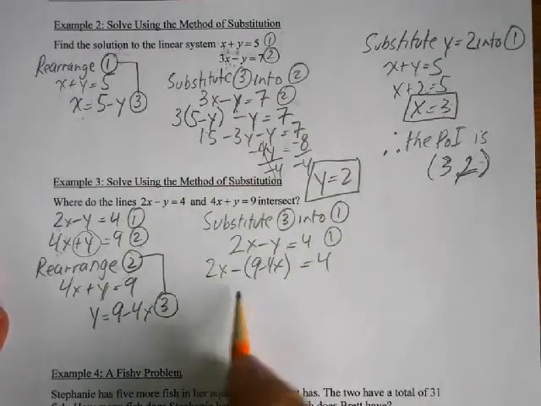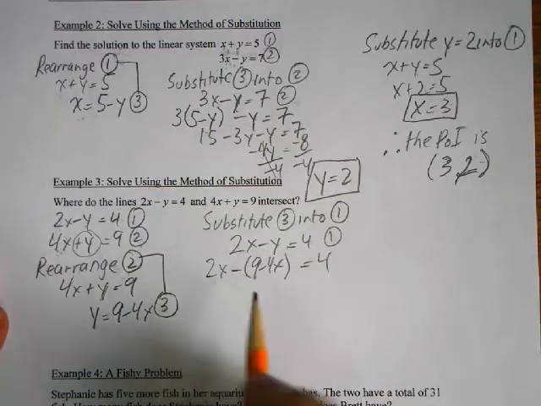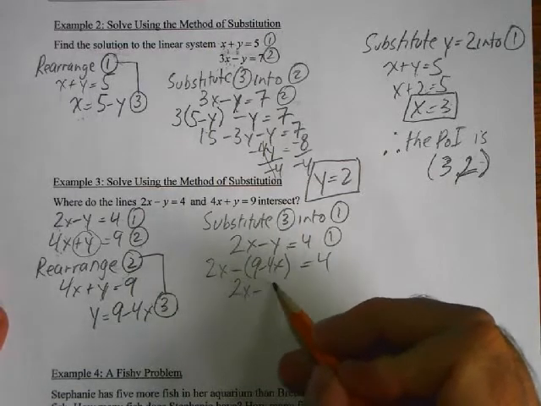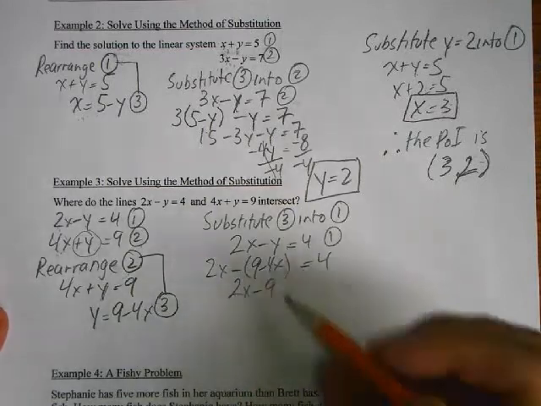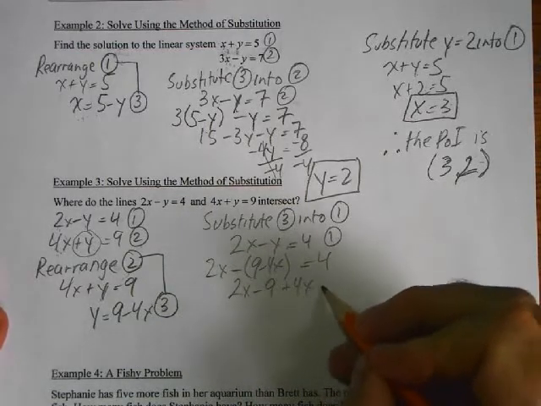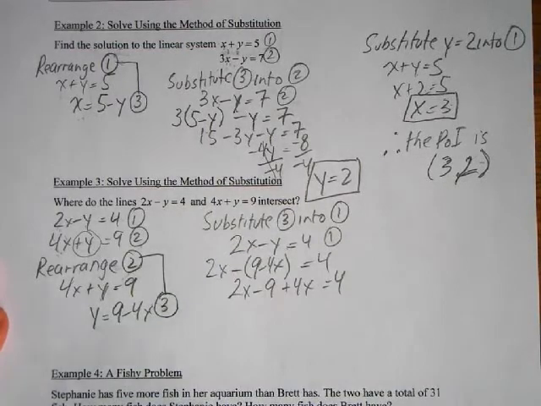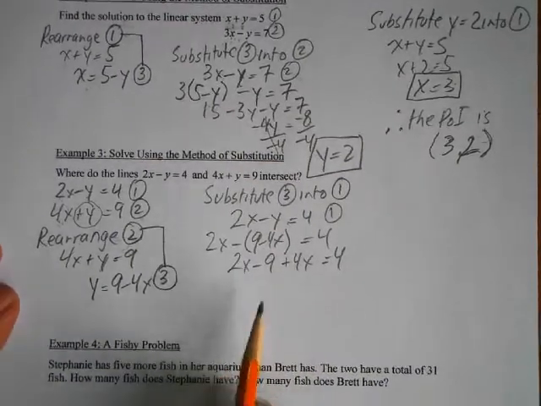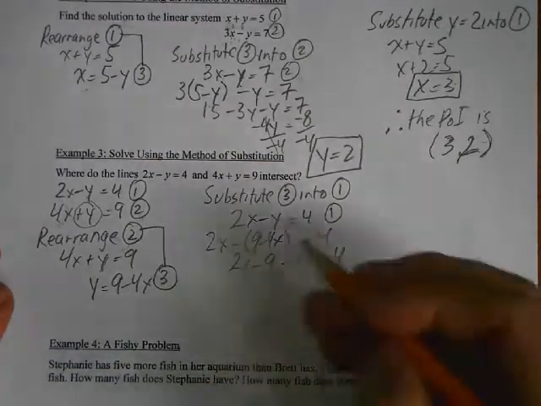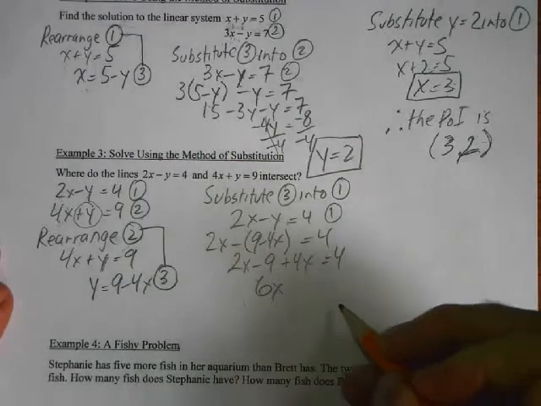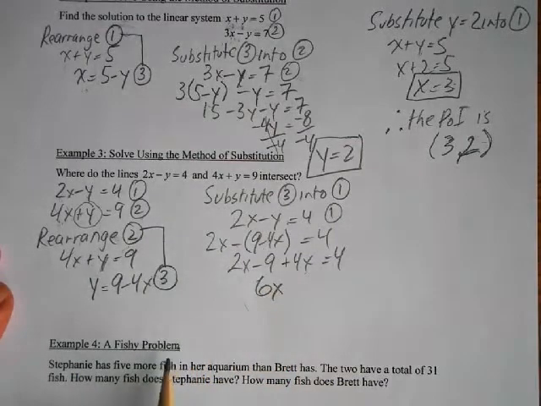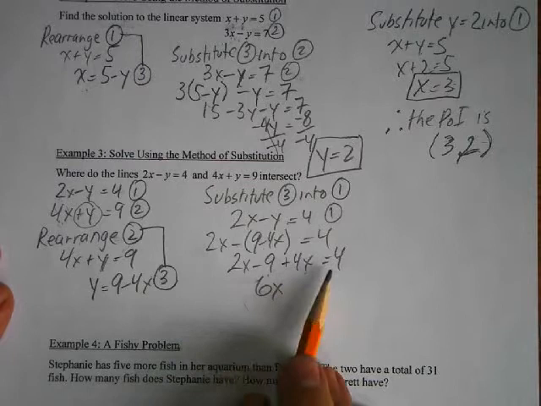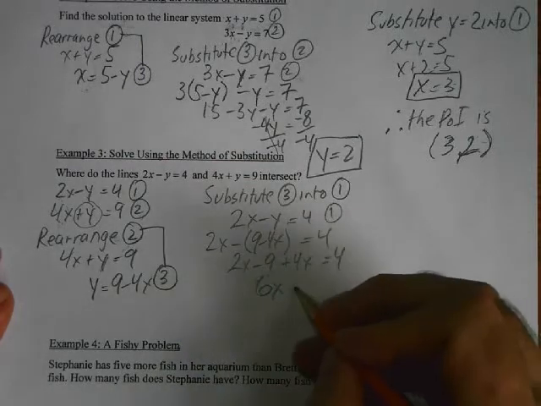And now I'm going to subtract each of these first. So 2x minus 9 minus negative 4x is plus 4x equals 4. Now I'm going to do a couple things at the same time here. I'm going to combine the x's on this side, so that's 6x. And then I'm going to add 9 to both sides. So 4 plus 9 is 13.